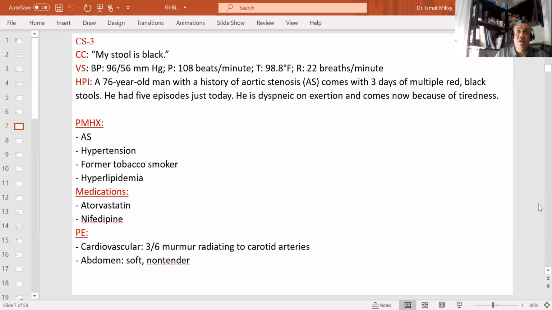And we know that the classic sign of peritonitis is the board-like rigid abdomen. And you will find also, as you test the patient for guaiac test, guaiac test means the fecal occult blood test. That's always will be positive.